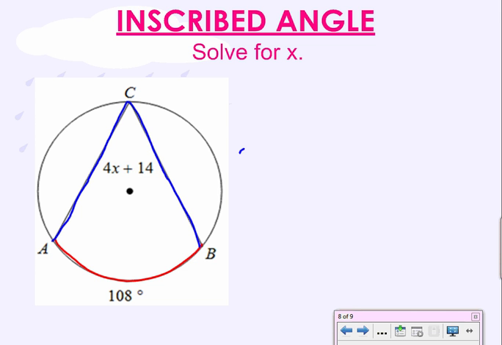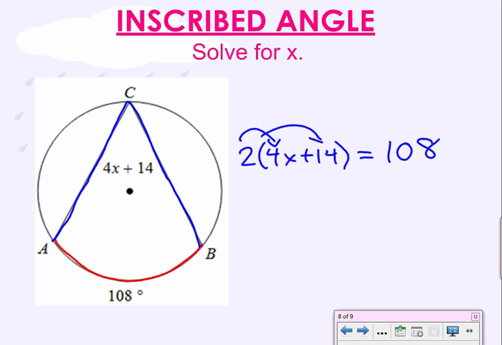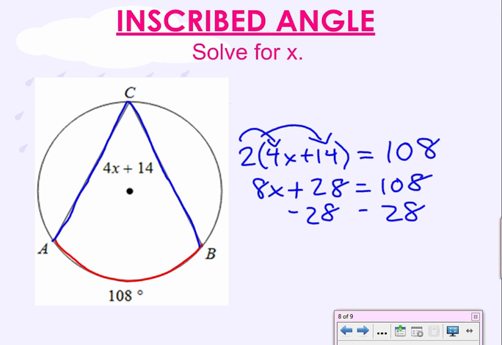I have 2 times my inscribed angle, which here is 4x plus 14, equaling my intercepted arc of 108. Don't forget that we have to distribute this 2 out in front. So we're going to have 8x plus 28 equals 108. I'm going to subtract my 28 from both sides.